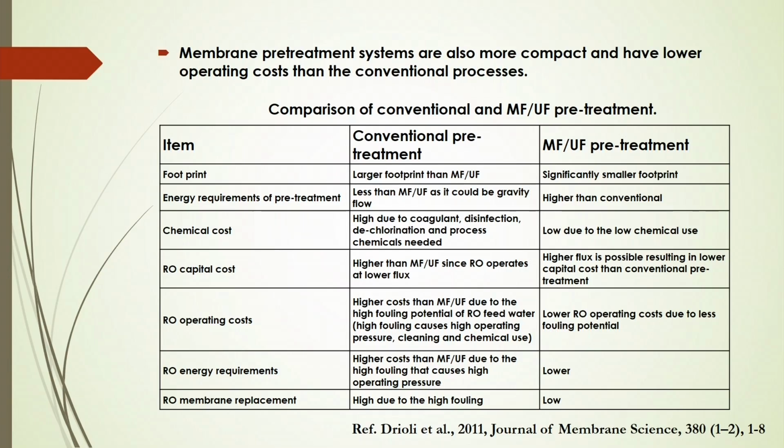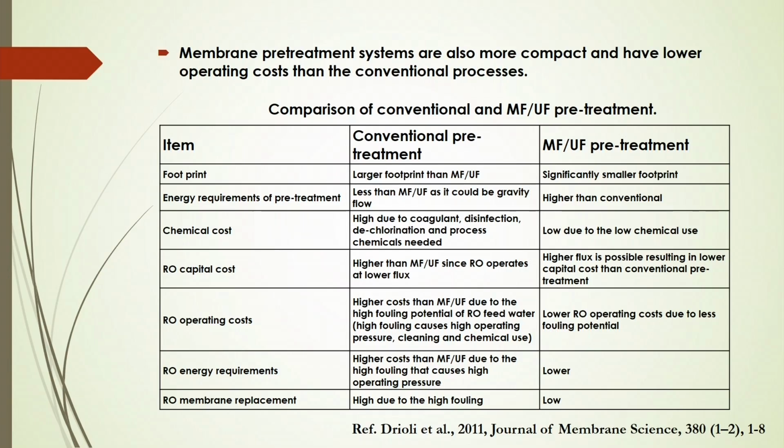Membrane treatment systems are also more compact and have lower operating costs than the conventional processes. A comparison is given in the slides in a table, as per Drioli et al. 2011, comparing conventional and microfiltration and ultrafiltration pre-treatment.